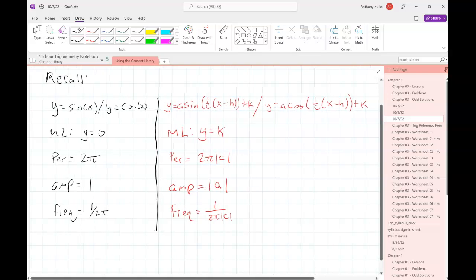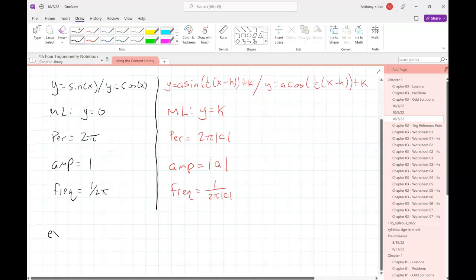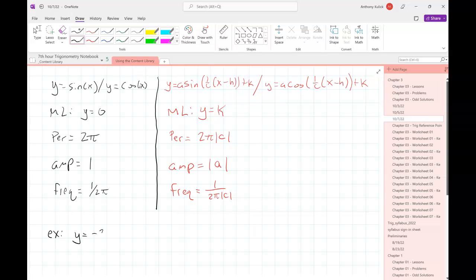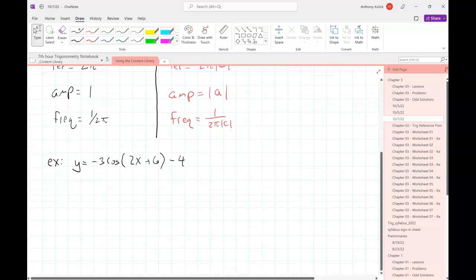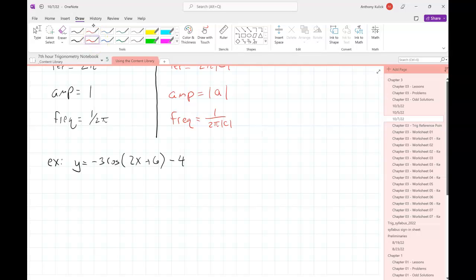Okay, let's do a quick example here. Let's say we have the function y equals -3 cosine of 2x plus 6, minus 4. And we want to find the values for the midline, the period, the frequency, the amplitude, all those good guys there.